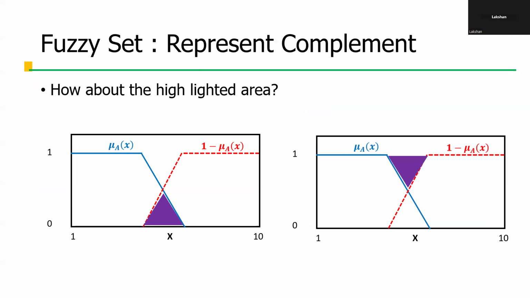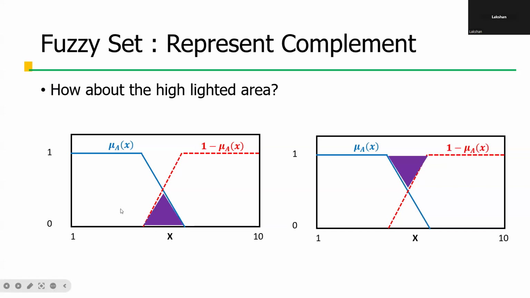Okay, there's another thing that you need to know. In the classical sets, there's a clean boundary between one set and another. And if there's an element in one set, it couldn't be within its complement.